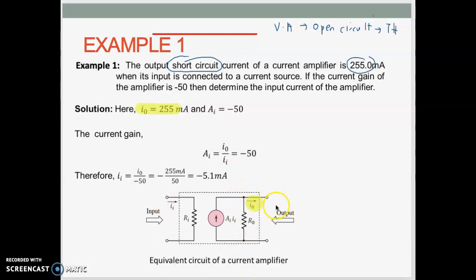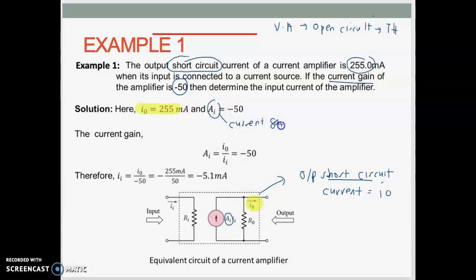This circuit doesn't have any load. We call it Iout, output short, because this is a current amplifier that relates to Norton. Output short circuit current equals Iout, so your Iout is 255 mA. The current gain Ai is minus 50.